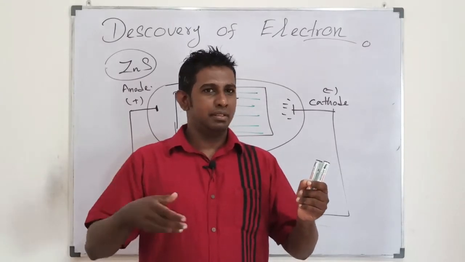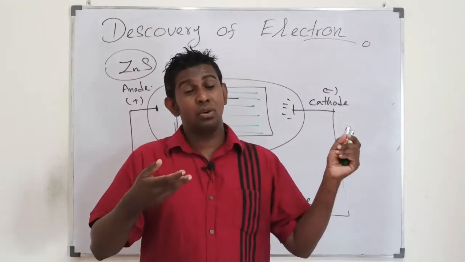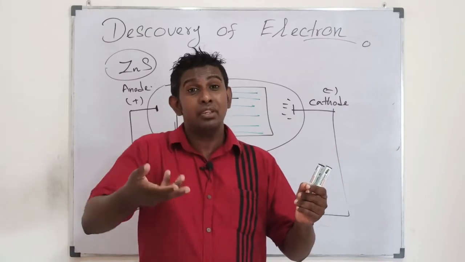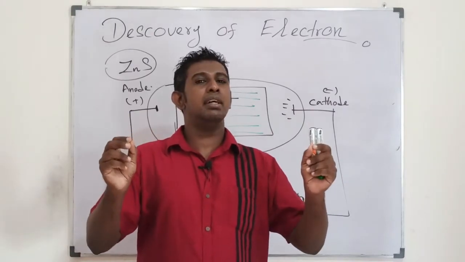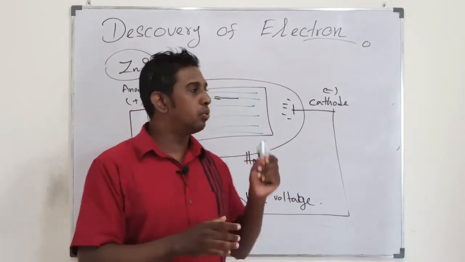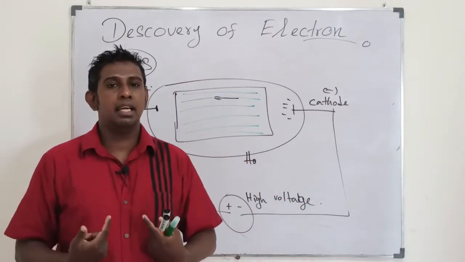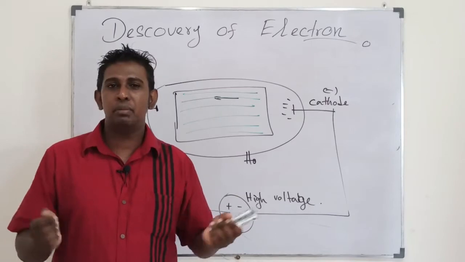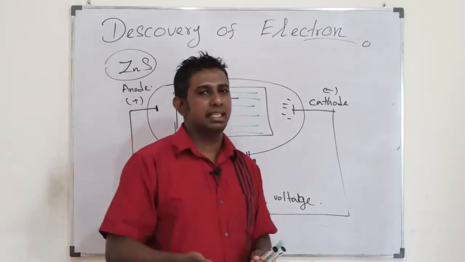These experiments on cathode rays finally led to the discovery of the very first subatomic particle. It was the electron.